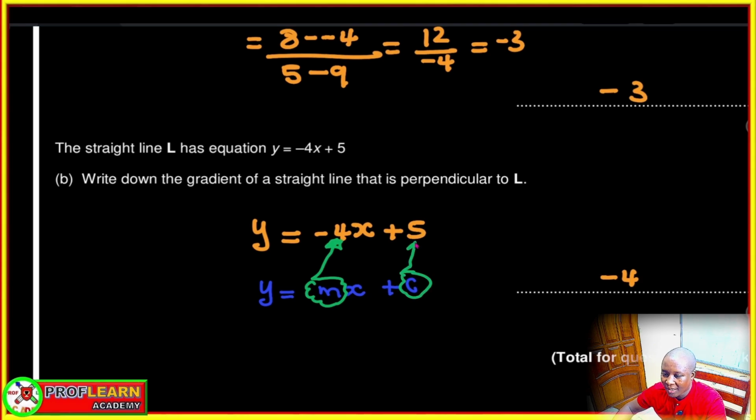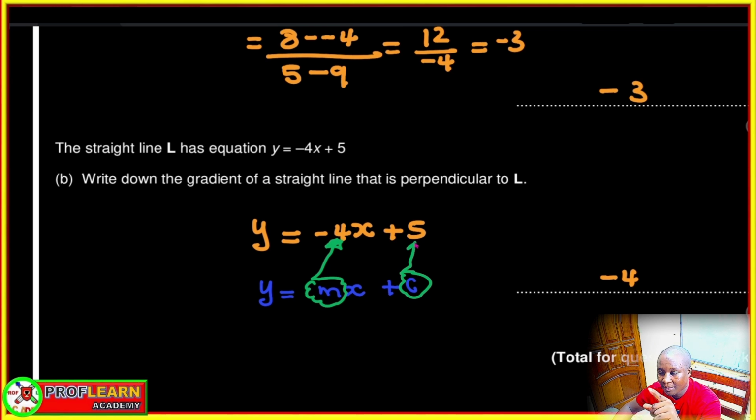So the gradient of a line perpendicular to L is going to be 1 over 4. The answer is not negative 4 here. The answer is going to be 1 over 4.